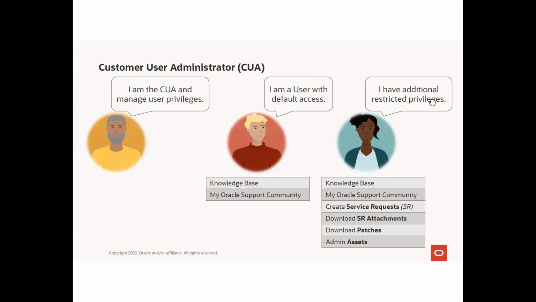Then I have additional restricted privileges, meaning the CUA has promoted you to an additional restricted privilege user. Then he will assign you privileges to create service requests, download SR attachments, download patches, and admin assets. Admin asset is if you have assets like hardware attached to your support identifier.